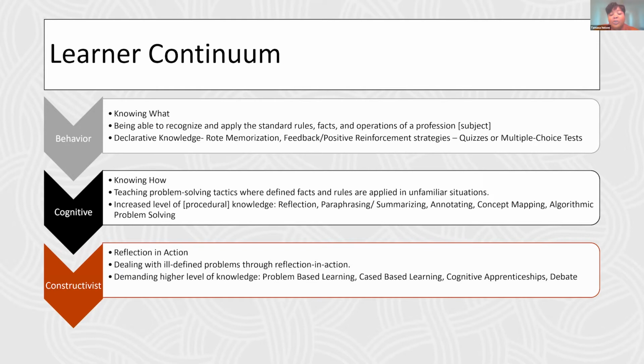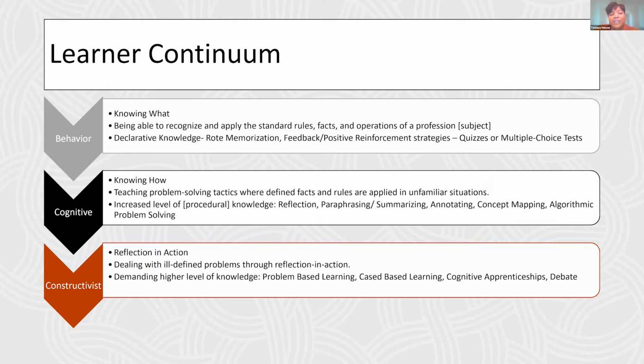And they're also able to do, which is more of an active level. So in this case, we're demanding higher level of knowledge. Some of the active learning techniques may be problem-based learning, case-based learning, cognitive apprenticeships, or even debates. And this is also discussed in one of our prior workshops concerning assessments.